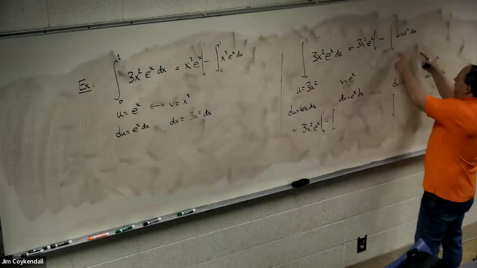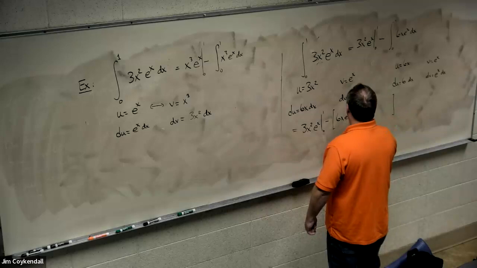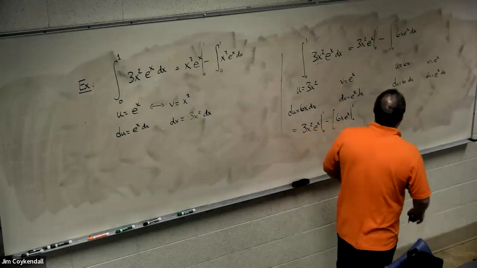Now I'm doing the parts for this. This is going to be 6x e^x minus the integral.